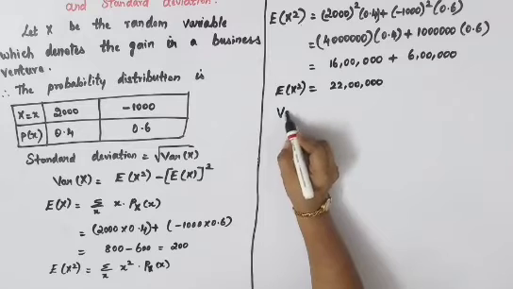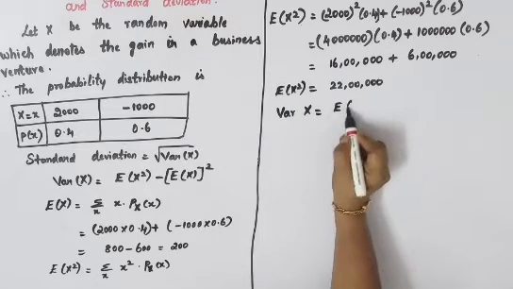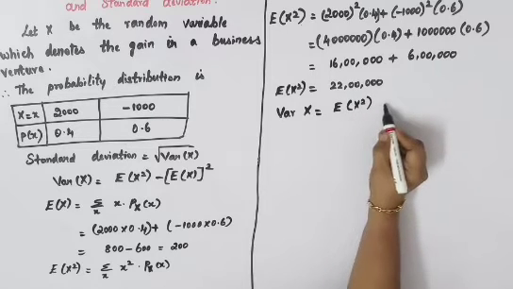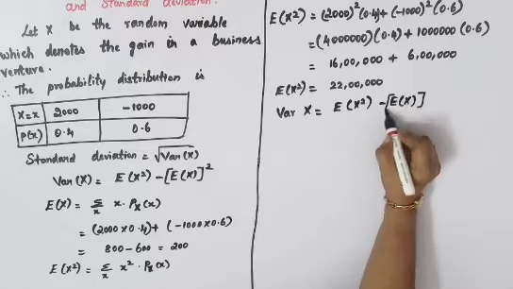Next is the variance of x. Variance of x is nothing but E of x square minus E of x the whole square.